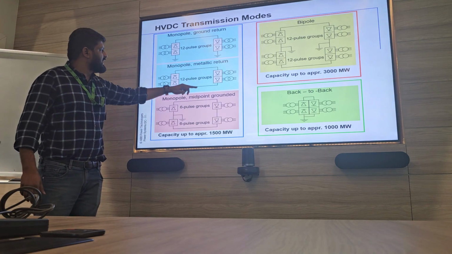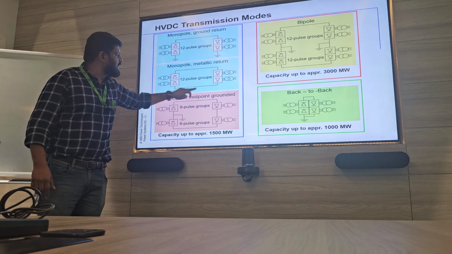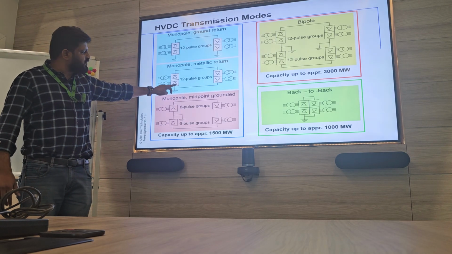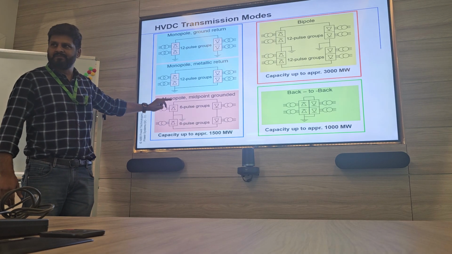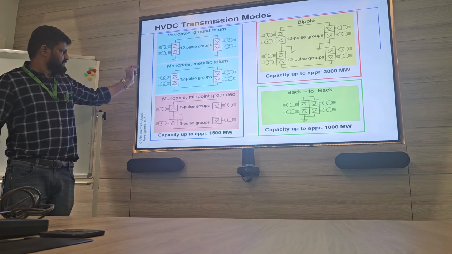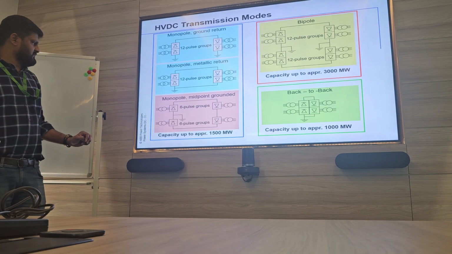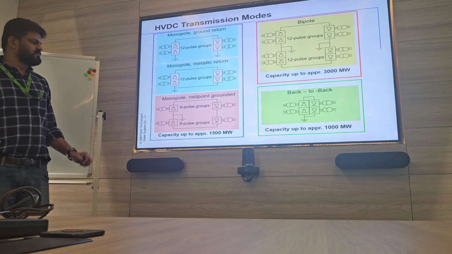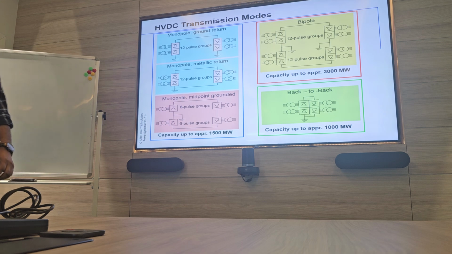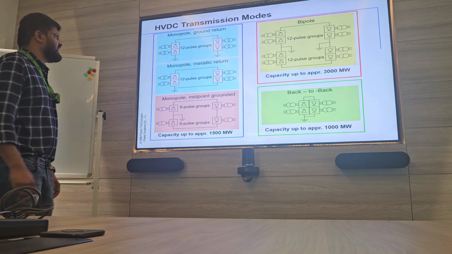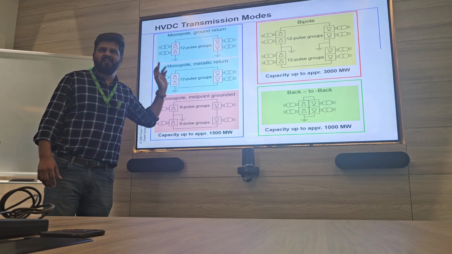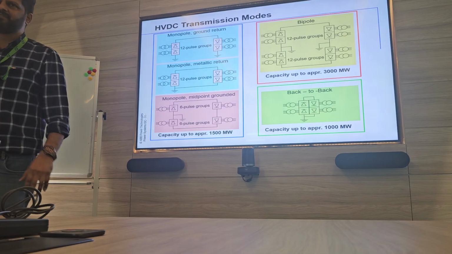And monopole metallic return. Metallic return means one single other conductor will connect here, and grounding happens on only this one side. This is DMR, dedicated metallic return.